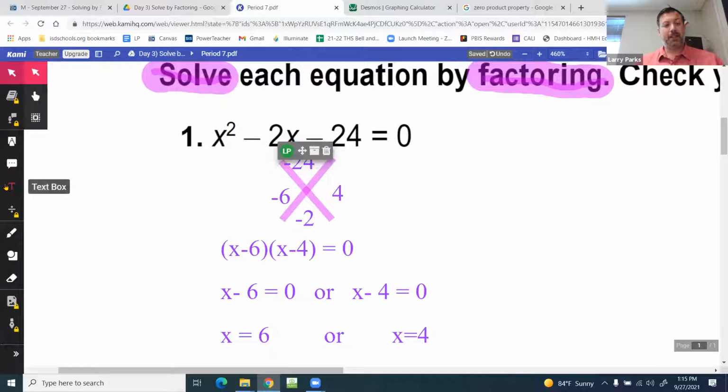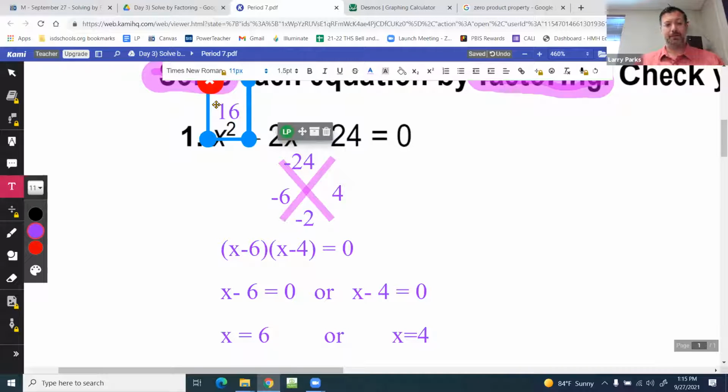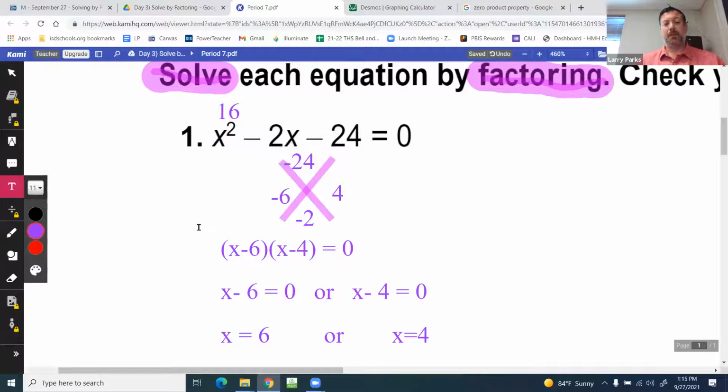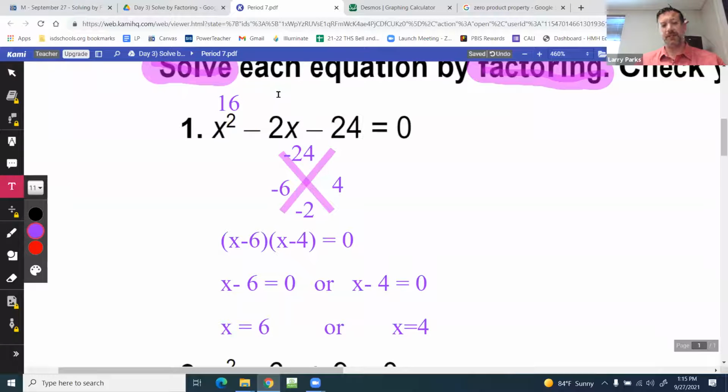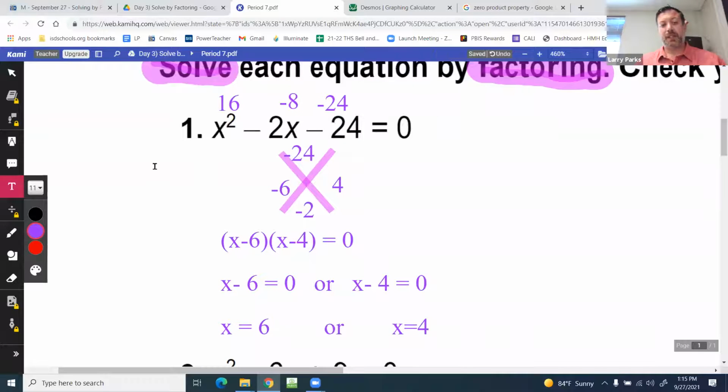If I put 4 in, I get the same thing. 4 squared is 16. If I put 4 in for x, I get negative 2 times 4. That's negative 8. And then I have my minus 24. You combine all those together. 16 minus 8 is 8. And then 8 minus 24 is not 0.